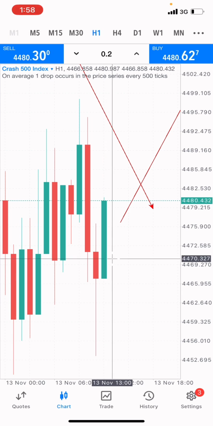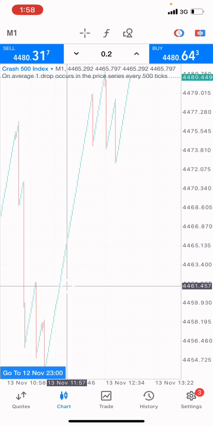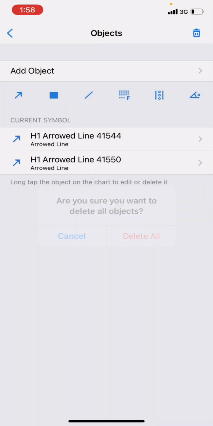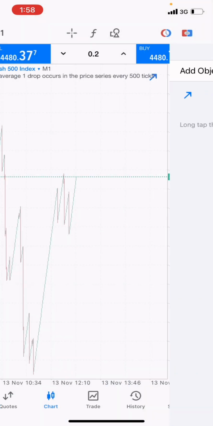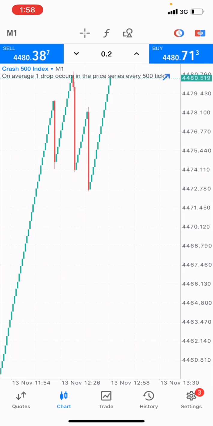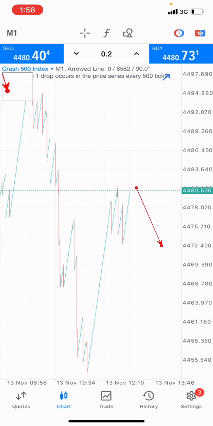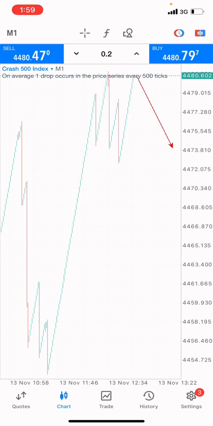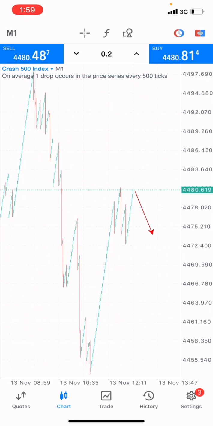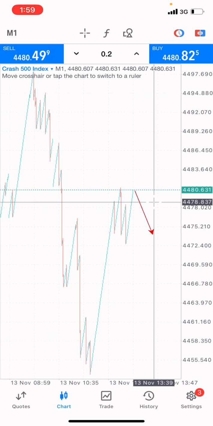Okay, so what you should do before you place any entry is to wait until the spike comes into the market. You need to wait until the spike comes into the market before you place your entry for a buy.